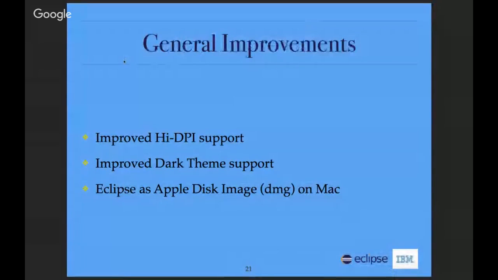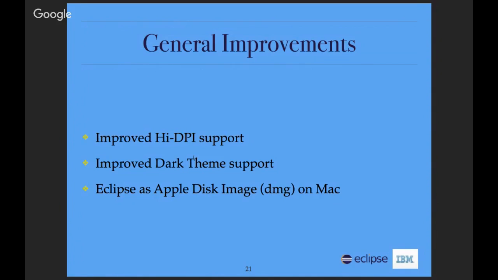Now moving on to some general improvements in Eclipse Oxygen. We have improved Hi-DPI support. Hi-DPI support was introduced in Mars, there was improved support in Neon, and in Oxygen, the Hi-DPI support has been improved further. All the icons in Platform, JDT and PDE have now been replaced with high resolution icons so that they look crisp on high resolution monitors, and there are other Hi-DPI improvements as well.